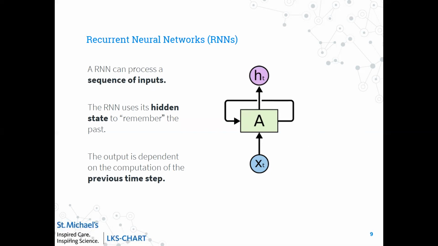RNNs will read in a sequence one element at a time. And if you notice in the diagram here, there are two arrows pointing to our green rectangle, our hidden state. There's an arrow from the input to the hidden state, and there's also an arrow pointing from the hidden state back to itself.